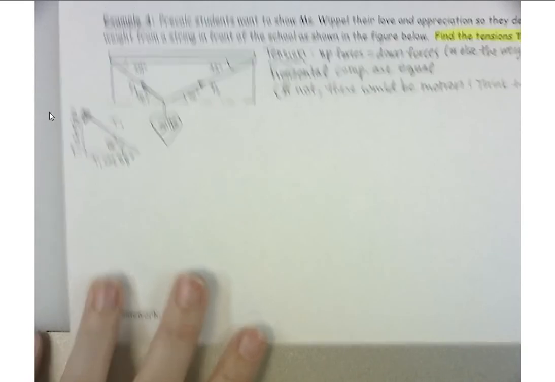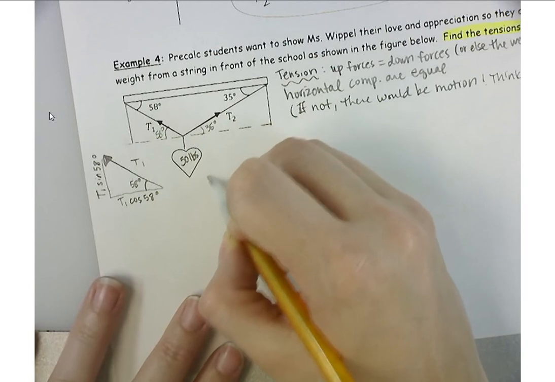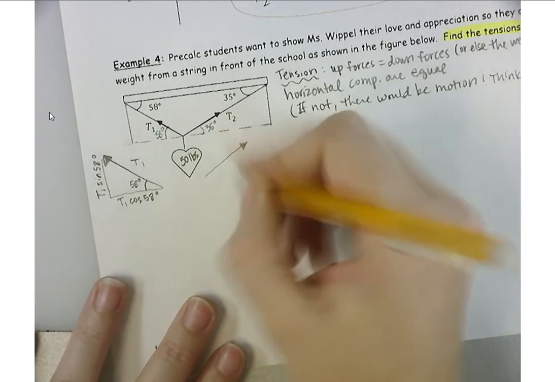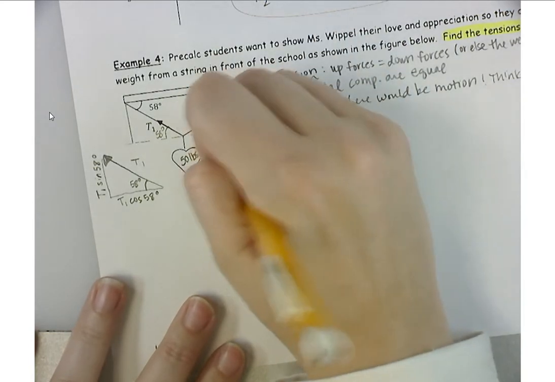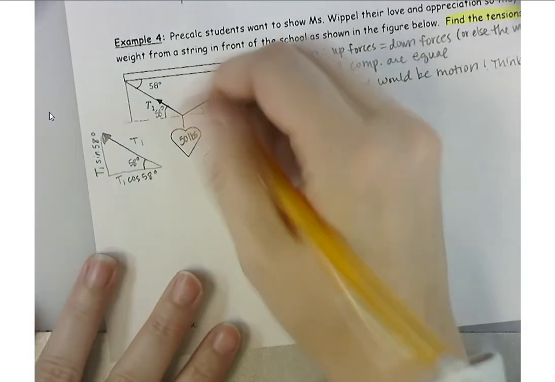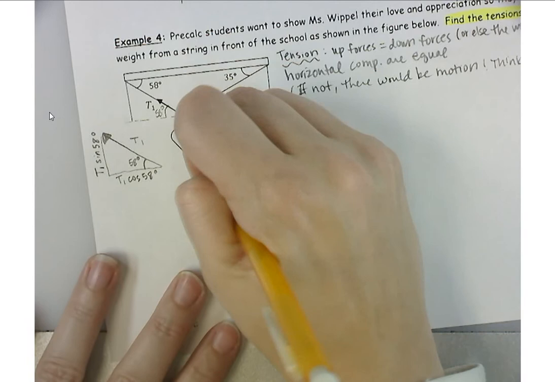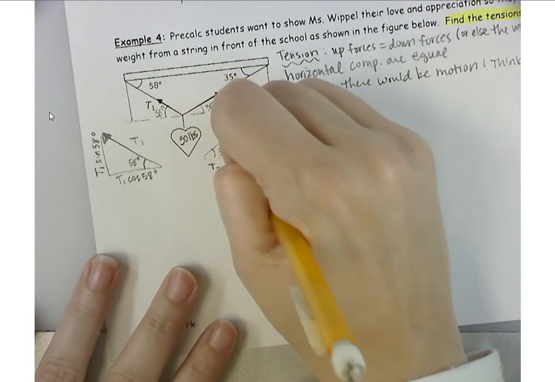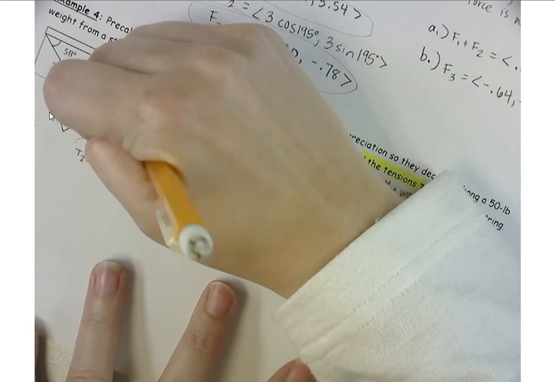Now I can set up something similar with my second tension, with T sub 2. And sometimes I'll make these dashed. Okay, so then this is 35 degrees, T sub 2 times the cosine of 35 degrees. And this is going to be T sub 2 times the sine of 35 degrees.